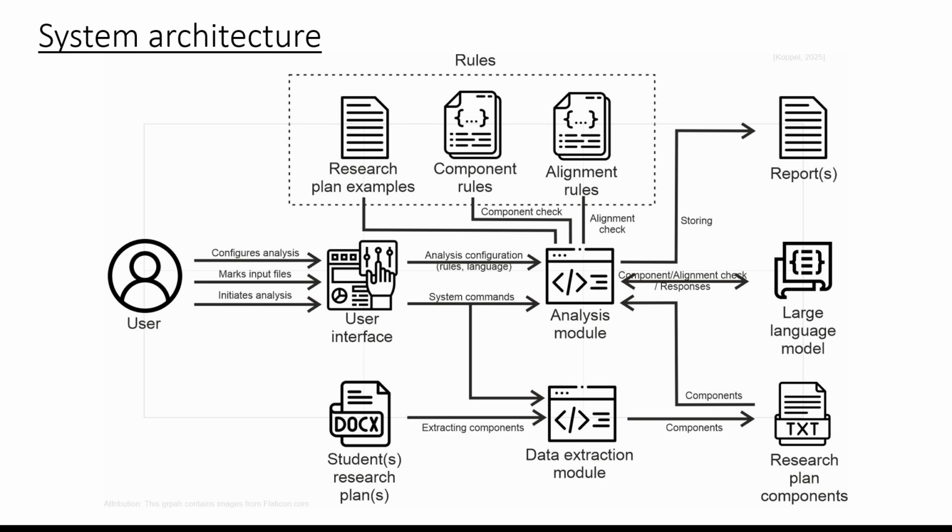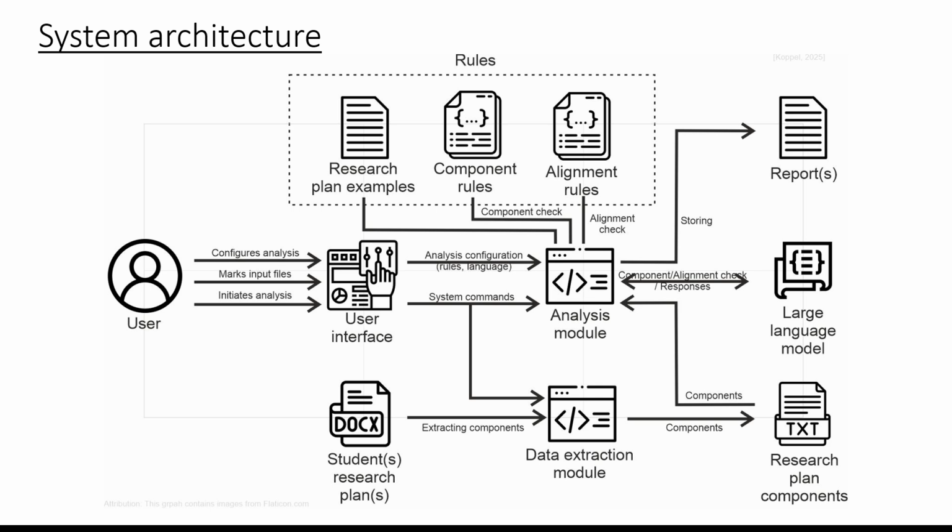Then there is the analysis module, which performs component and alignment checks based on predefined rules. A large language model is used, which does the evaluation based on the extracted components and their alignment, and provides feedback. And eventually, the report is output, which presents the analysis results and includes feedback and comments on necessary improvements.